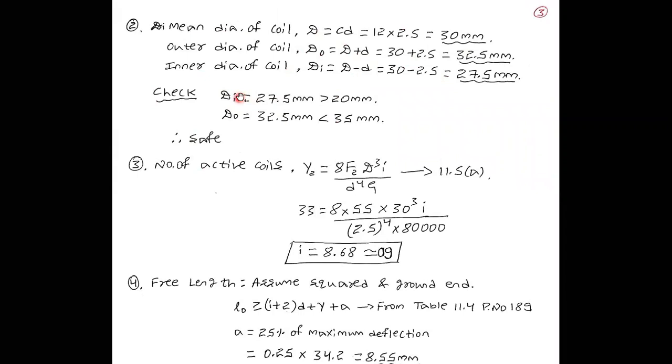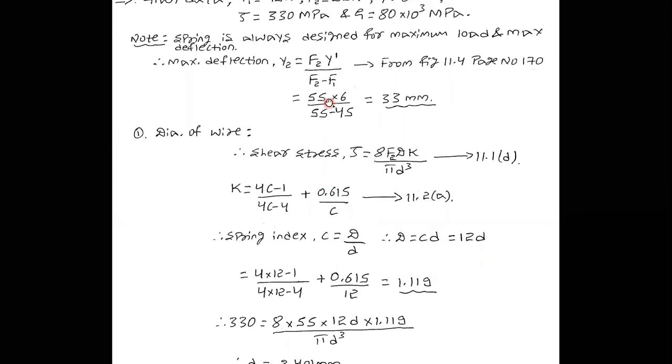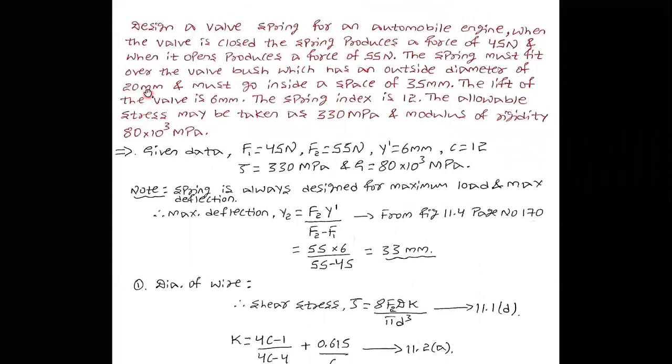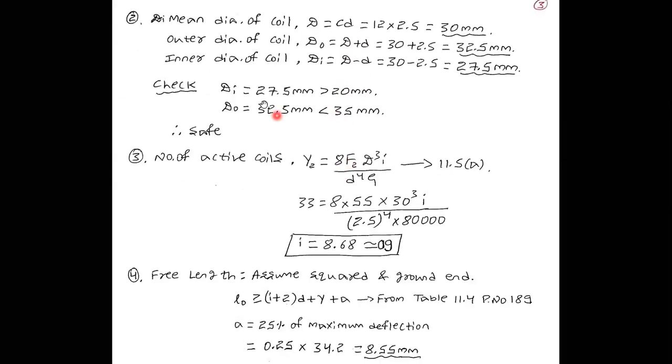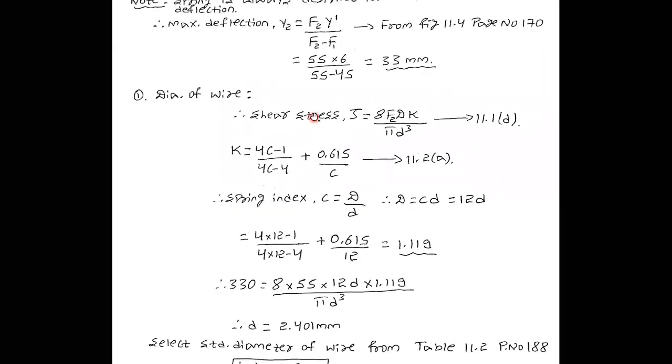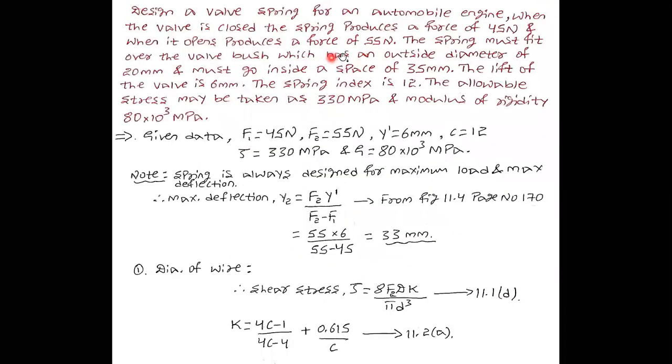The inner diameter should be greater than the outer diameter of the bush. The bush outer diameter is 20, whereas our inner diameter is 27.5. There is no issue, it is greater than 20 mm. Now you need to check the outer diameter. How much are we getting? It is 32.5. The maximum limit they have given is 35 mm, which means the value should be within that.